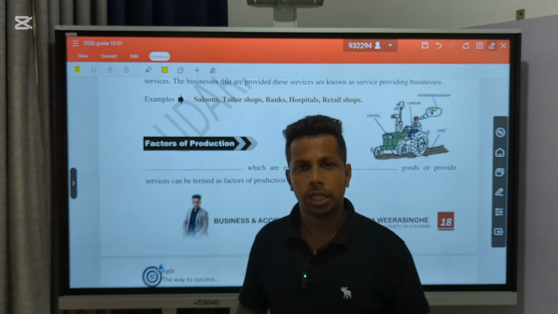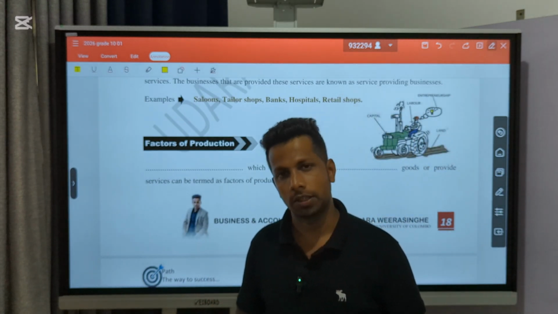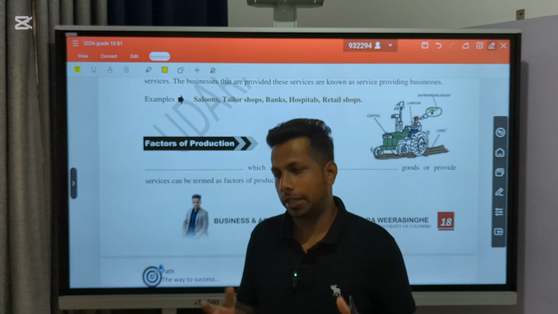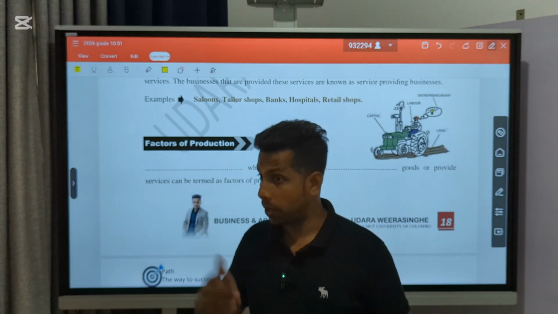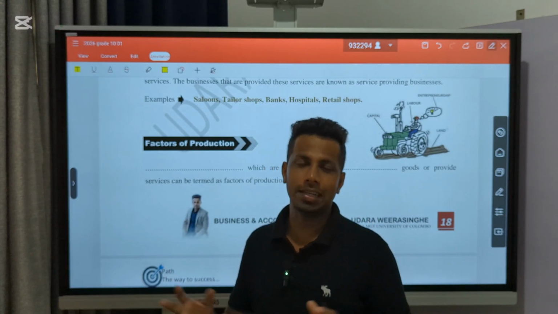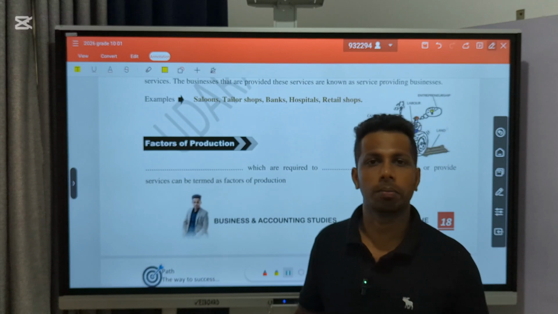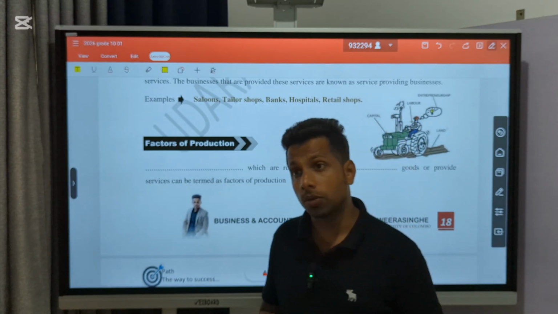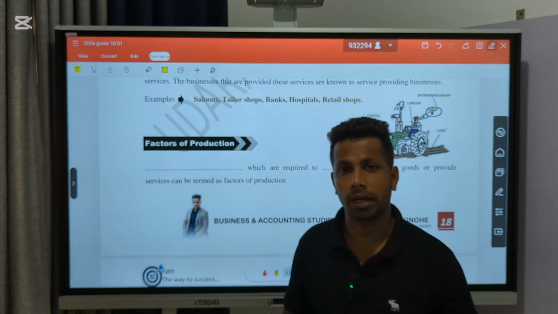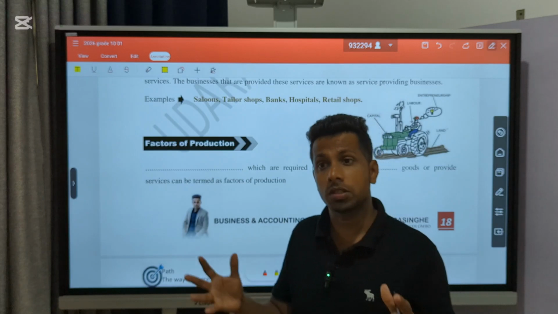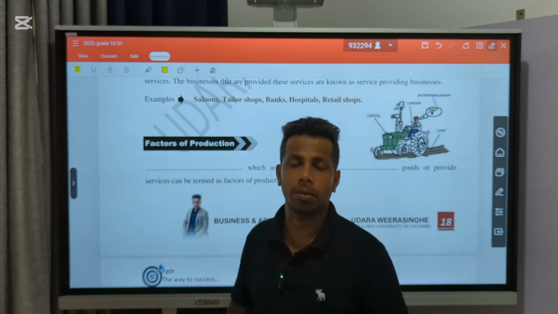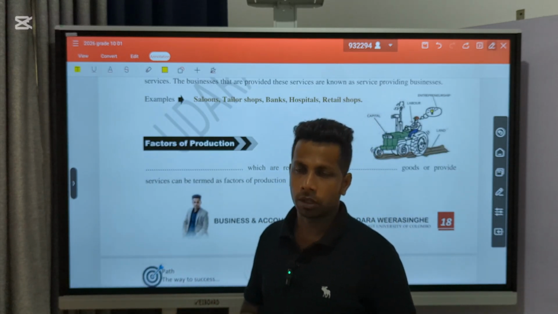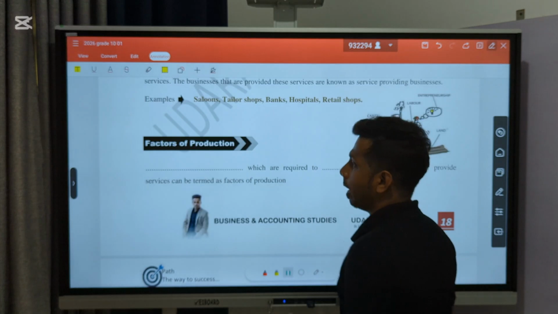You know, when manufacturing whatever thing, it can be a commodity, or when providing services, we also need to utilize resources. So that's compulsory. So these resources are called factors of production. Simply, required resources for the production we can term as factors of production. So dear children, you can see a couple of blanks here.